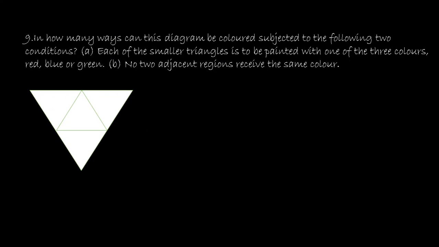In how many ways can this diagram be colored subject to the following two conditions?